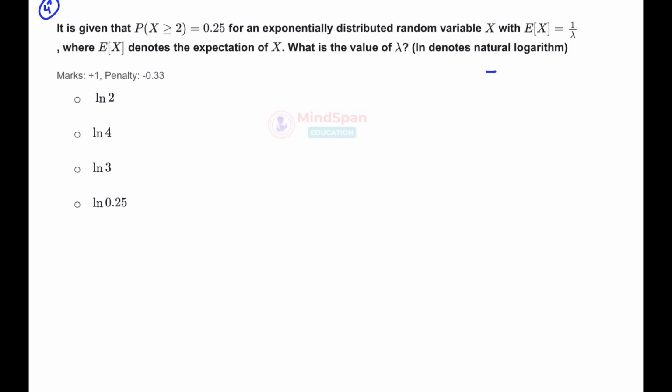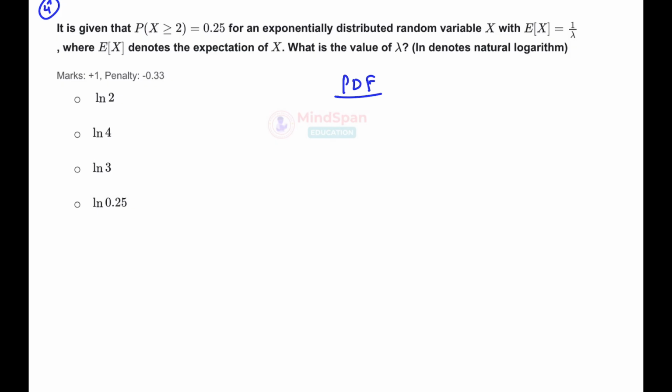Apart from chi-square and t distribution, you can just remember all the expressions for the probability density function of each distribution and their expectation and their variances, right? That would be easy and good, and it will help you a lot, because for a lot of questions like this one, if you know the PDF of this exponential random variable, then you are good to go with this question, right?